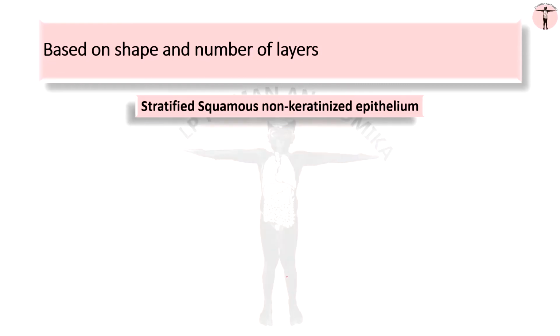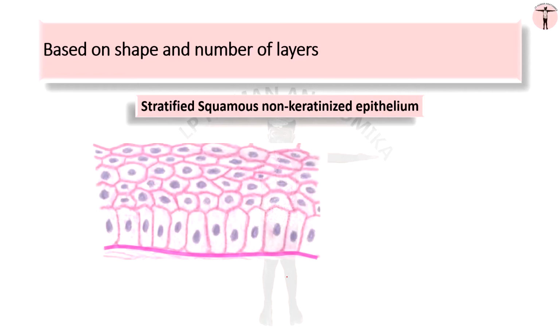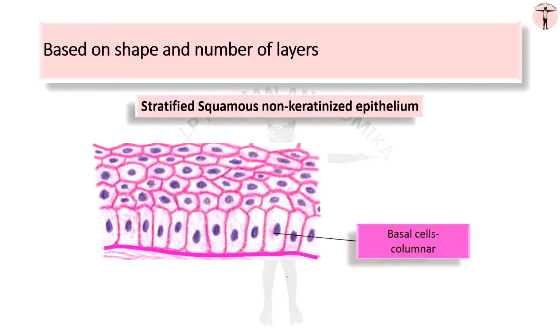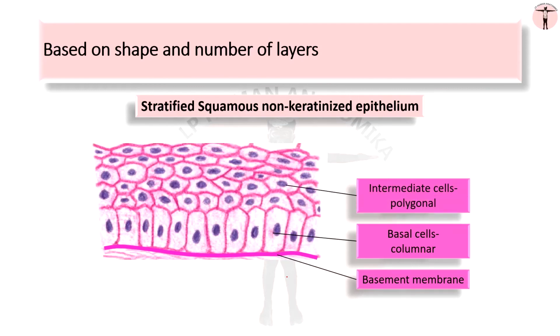Coming to the second classification of the stratified epithelium, this is the non-keratinized stratified squamous epithelium, which is structurally similar to the stratified squamous keratinized epithelium, with three layers: the basal layer resting on the basement membrane, the intermediate layer, and the superficial layer, with the same type of cells present as in the keratinized epithelium.